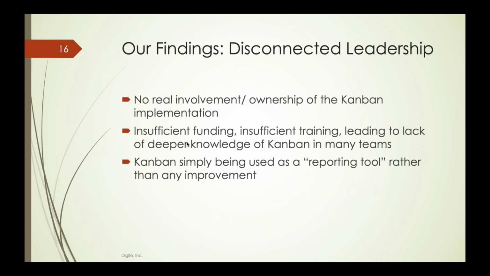As a result of the leadership not being engaged or involved, that potentially resulted in insufficient funding, and as a result, insufficient training of people in the principles of Kanban and the knowledge of the Kanban method, which potentially fed back into the teams' poor implementation of Kanban.